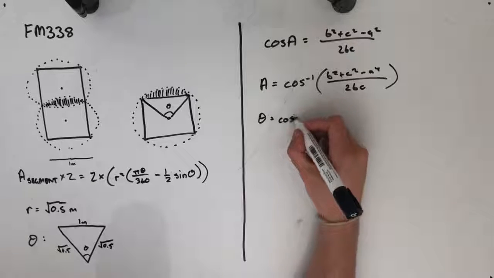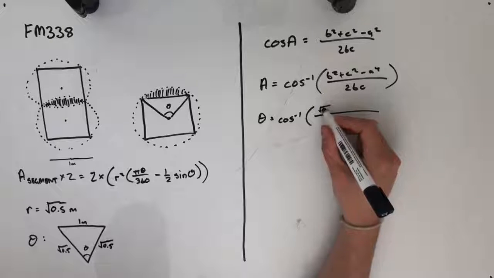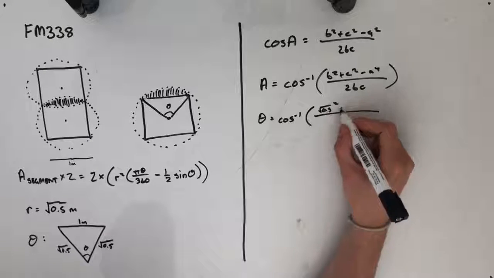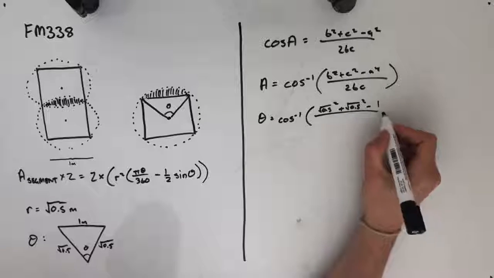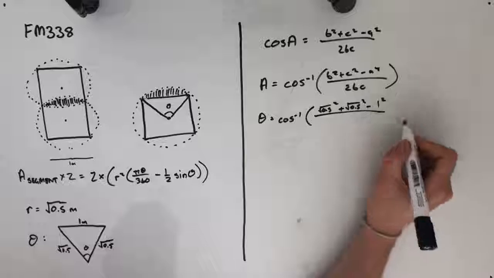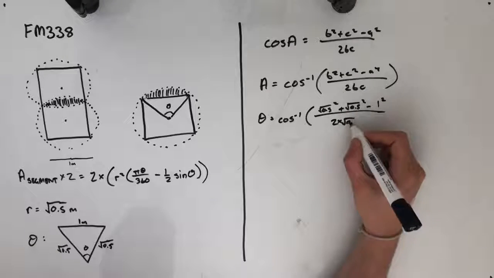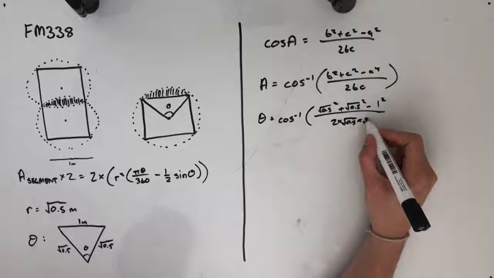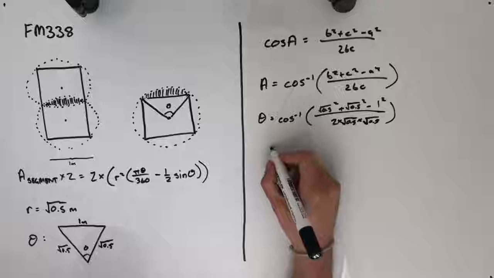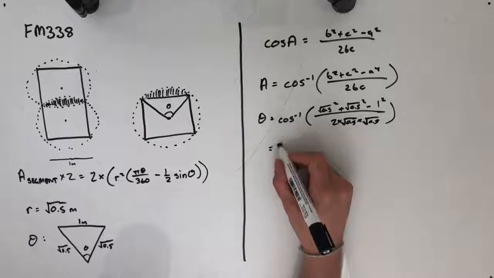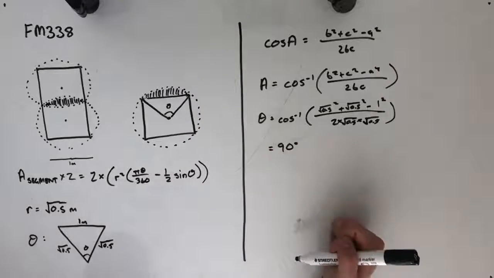So theta is going to be equal to cos of -1 of root 0.5 squared plus root 0.5 squared minus 1 squared all over 2 times root of 0.5 times root of 0.5. Plugging all of that into your calculator, you should get an answer for theta of 90 degrees. So this angle in here that we're working with is 90 degrees.